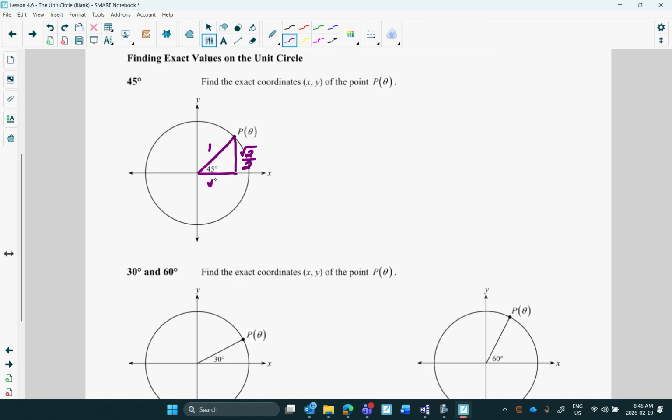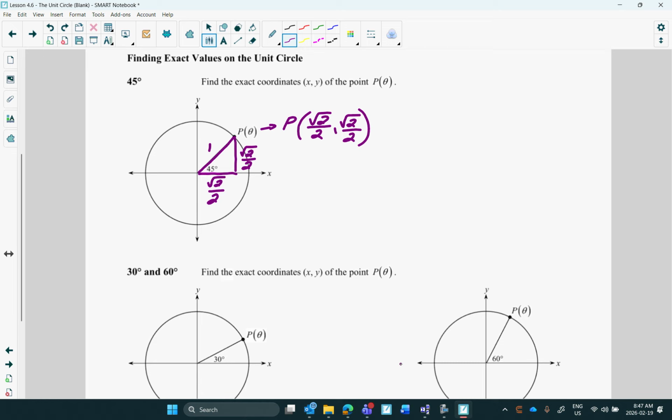And root 2 over 2. Which means this point here on the unit circle is root 2 over 2, comma, root 2 over 2. So whenever you have a 45-degree angle on the unit circle, and you make a right triangle out of it, the point you're going to get is root 2 over 2, comma, root 2 over 2. Okay?